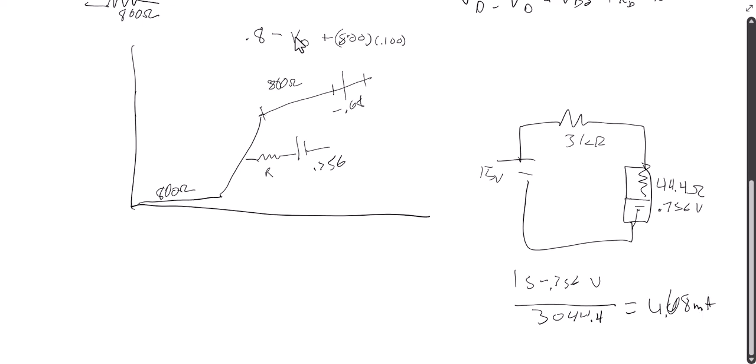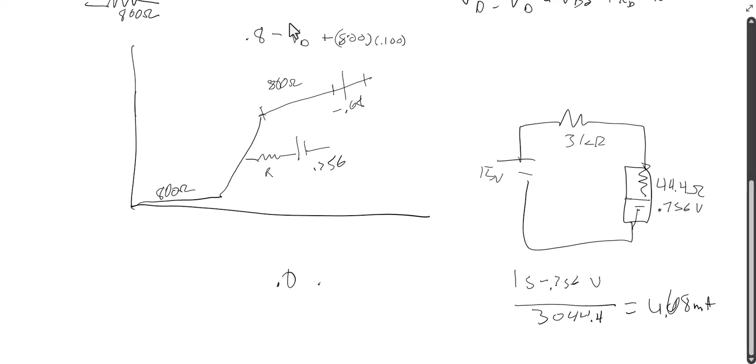Now to test to see if I was correct here, I take this current that I got, and I figure out the voltage drop across this resistor.